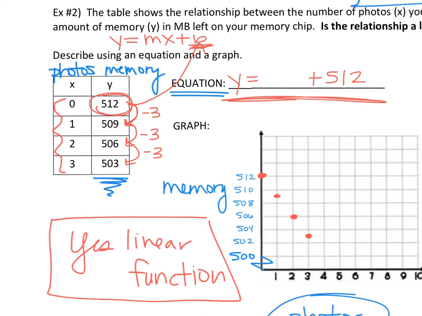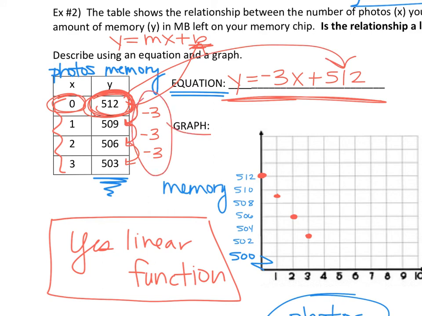So what do you suppose is going to go in front of your x right here? -3. See, that's not so bad, right? You just need to remember this one, the 0 term, is your constant. That's going to go here. And then whatever you did here is going to go here. Okay? Questions on that?